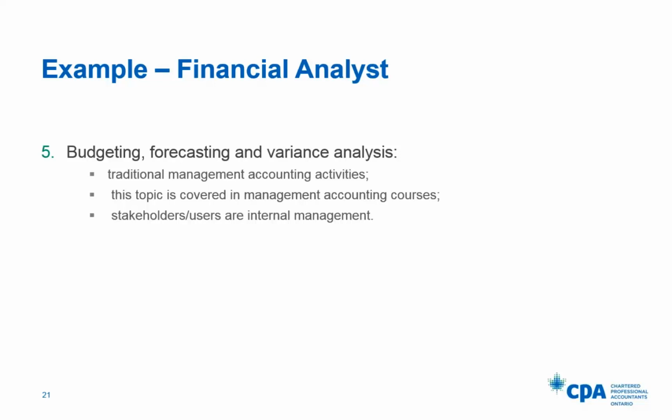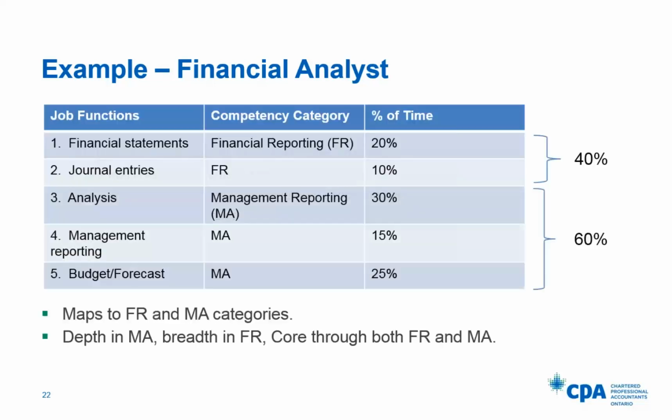So all this points to management accounting. In summation, financial statements fall under financial reporting, journal entries under financial reporting, analysis and management reporting under management accounting, and budgeting and forecasting also under management accounting.